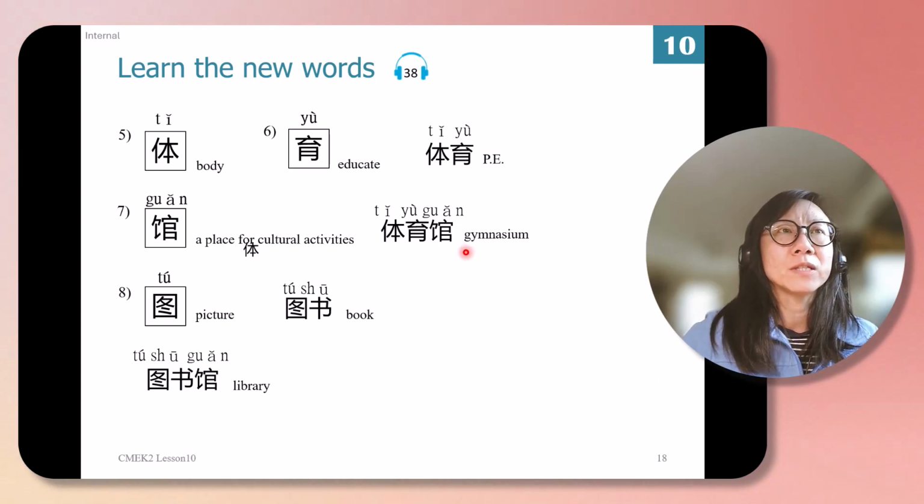And here we note that these two areas share the same last word, 馆, right? For the gym, it is called 体育馆, whereas for the library, it is called 图书馆.